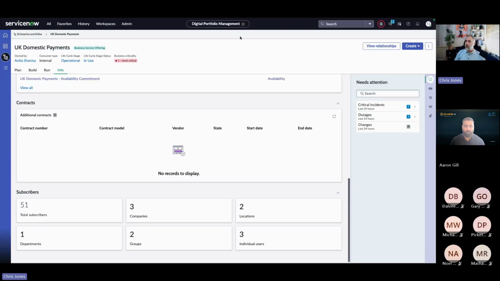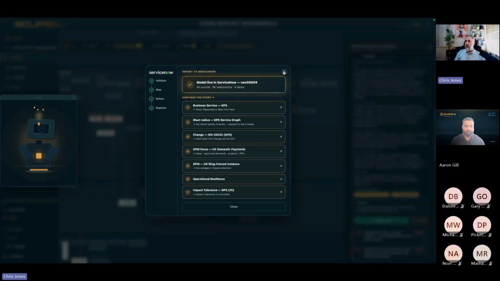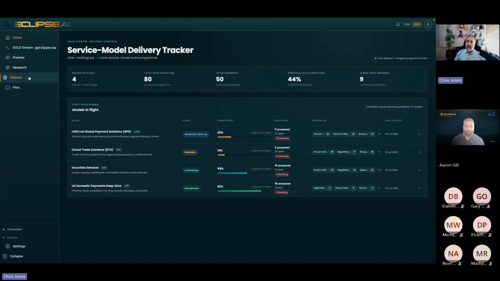Maybe one last thing worth showing you very quickly is Solo can track how people are answering these questions. So what we normally propose to do is that these get sent out as static files or live on the studio itself to individuals in the organization, and they answer them. And as they answer them, Solo is busy tracking against that.